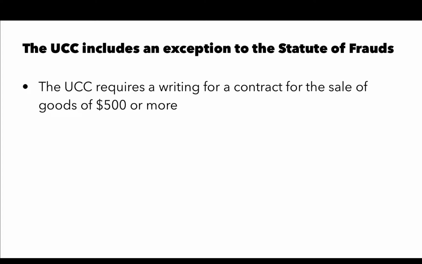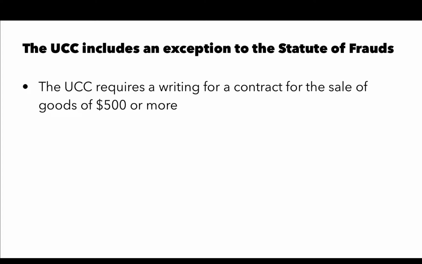Nowadays, 60 years later, 70 years later, $500 is not nearly enough. But because states are so reluctant to change their sales law, this amount has never been amended by any state.